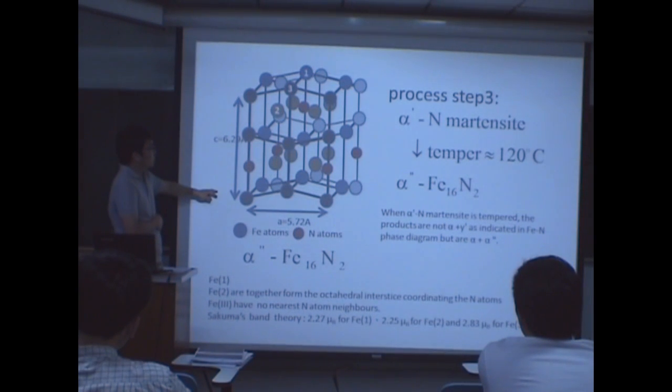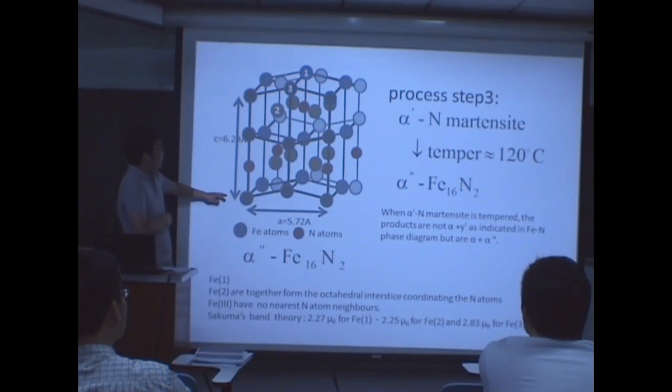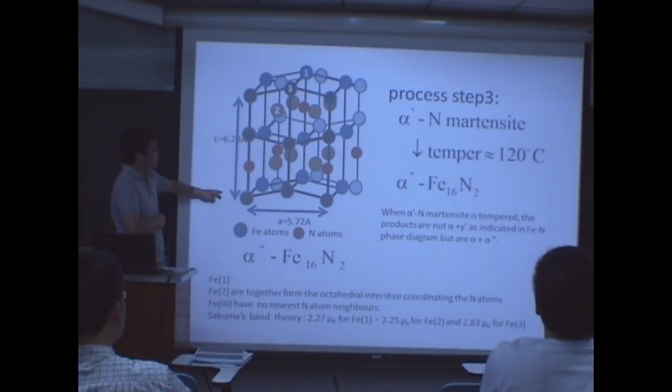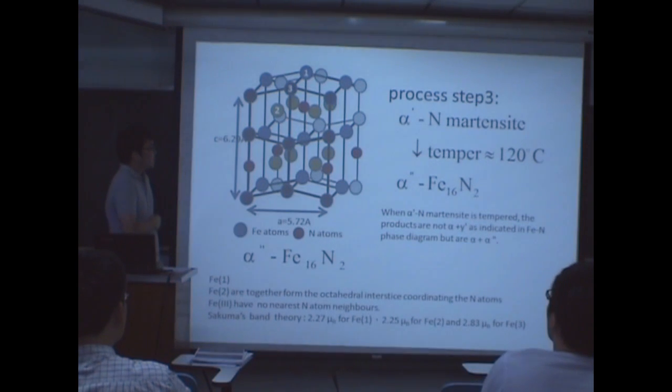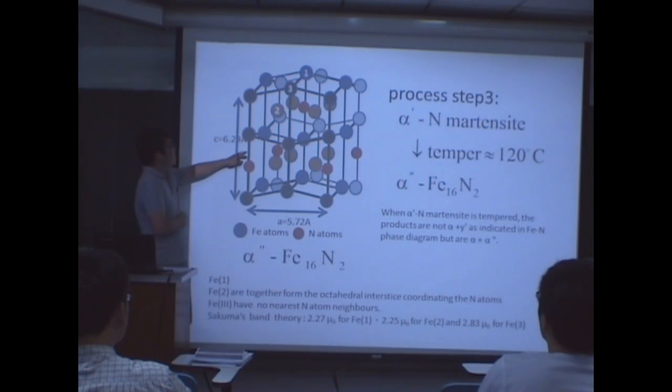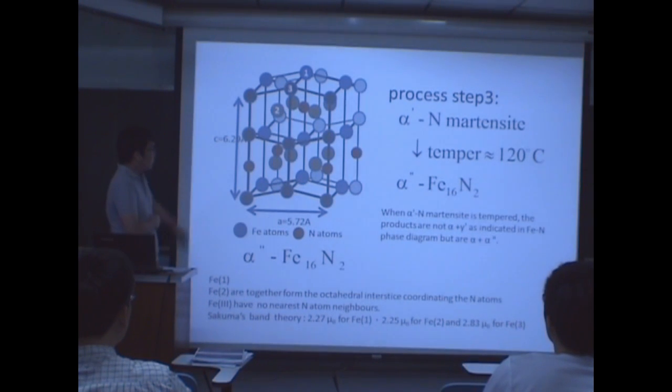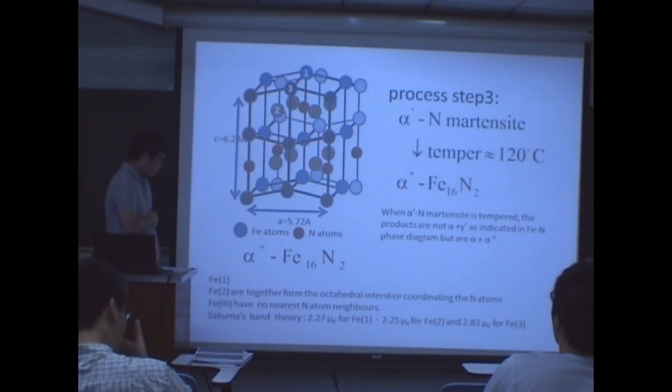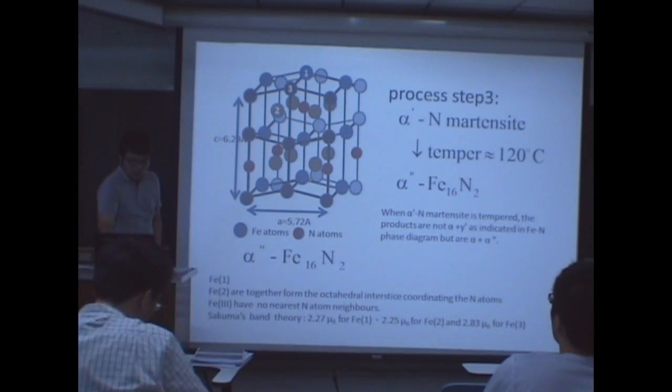Basically, alpha double prime is a BCT structure composed of BCC unit cells. And iron ions are in three different types of crystallographic sites, designated as 1, 2, and 3. Iron in different sites may have different magnetic moments, as density functional theory calculations show.